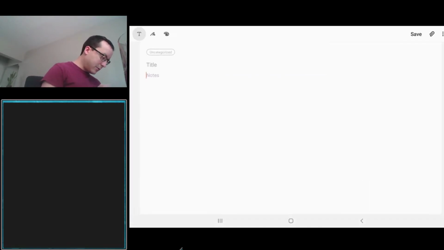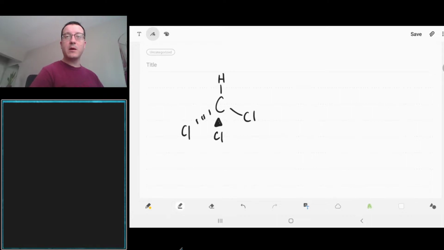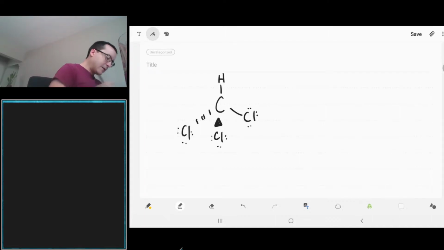Okay, so let's see. So why is chloroform polar? We can talk about that. So if we take a look at what chloroform looks like, we have its Lewis structure here. It has some lone pairs.